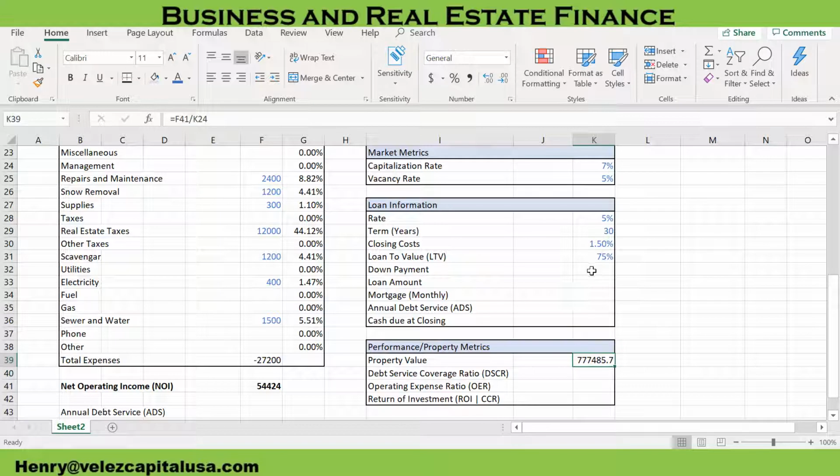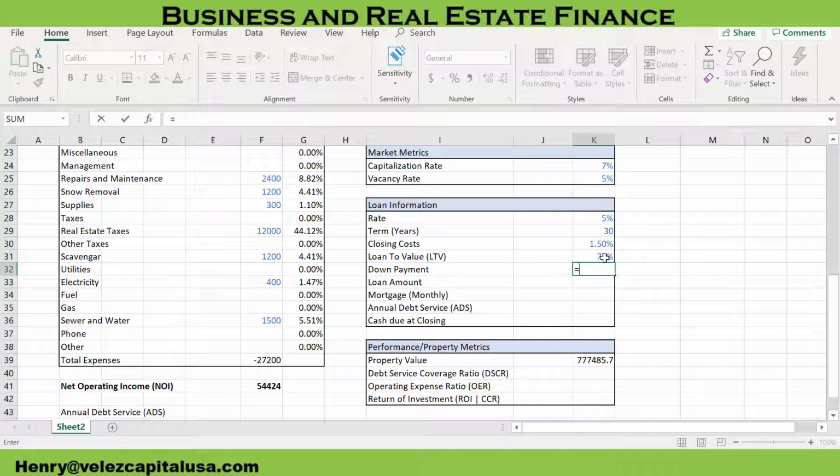Okay, so here we have the terms of the mortgage, basic stuff, how much your down payment is. It's 25% because the loan is 75% of the value. All that stuff. Okay, so let's do the down payment. If it's 25%, we're going to do the difference of the loan to the value.